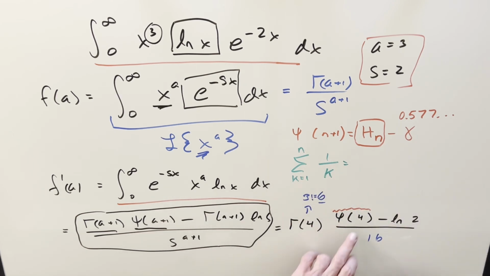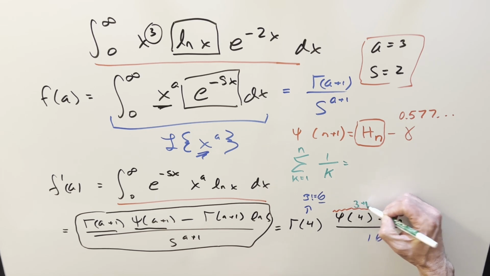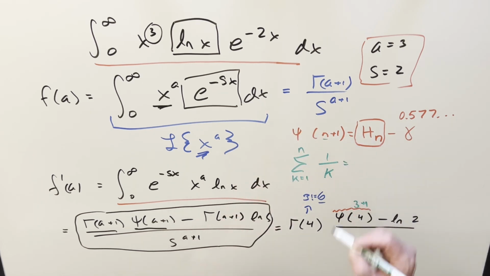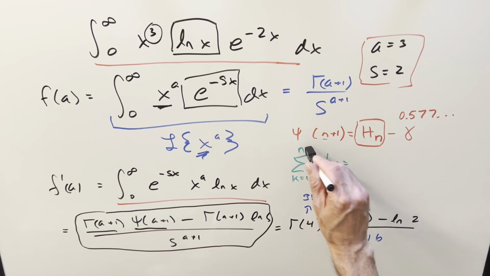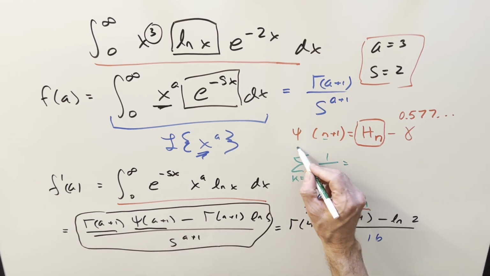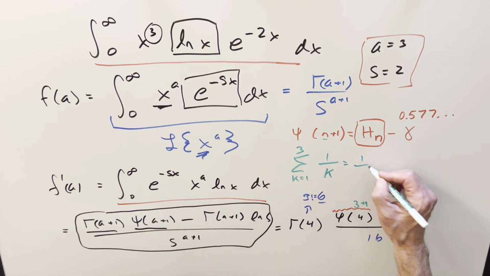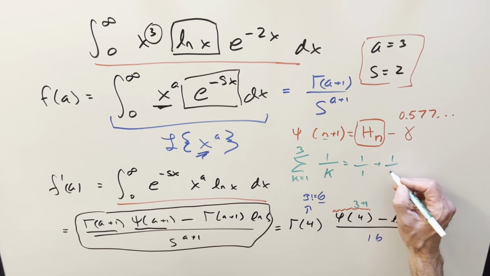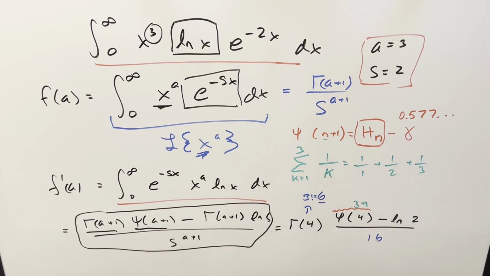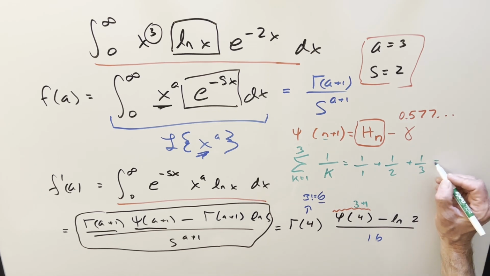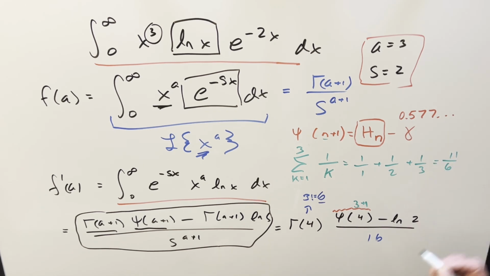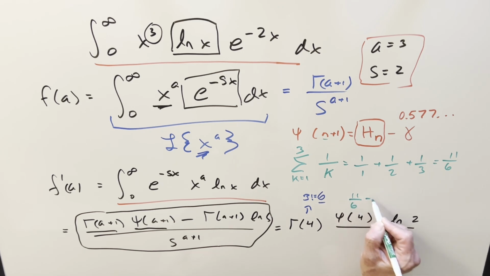So in our case, we could write this as 3 plus 1, so our n value here is going to be 3. We're just summing from 1 to 3. Plugging in, this is the same thing as 1 over 1, 1 over 2, 1 over 3. If you get a common denominator of 6 and add it all up, this is going to be 11 over 6. So for digamma of 4 right here, we can just plug in, and this is going to be 11 over 6 minus the Euler-Mascheroni constant.